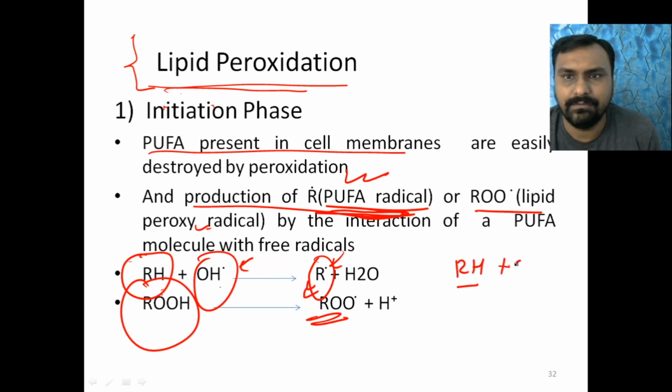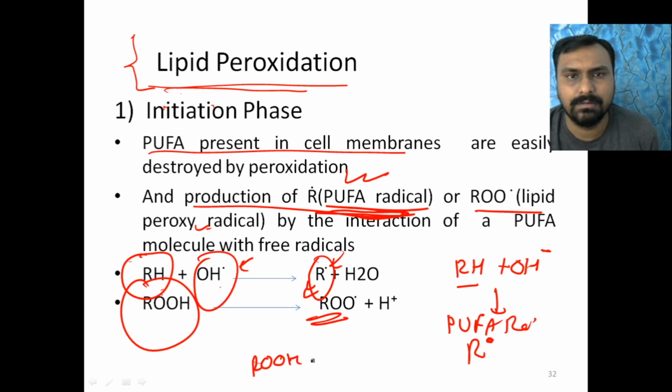So this is our lipid. When it reacts with the free radical, it will form the PUFA radical, that is called R, or it will form the lipid peroxide radical.